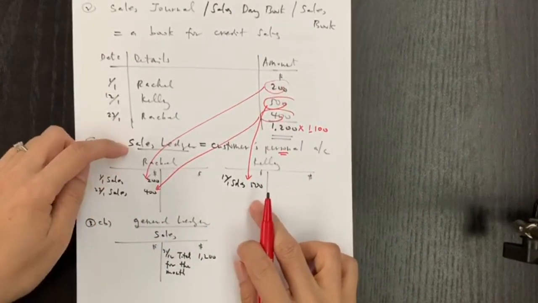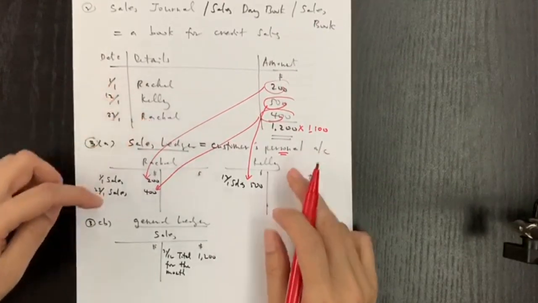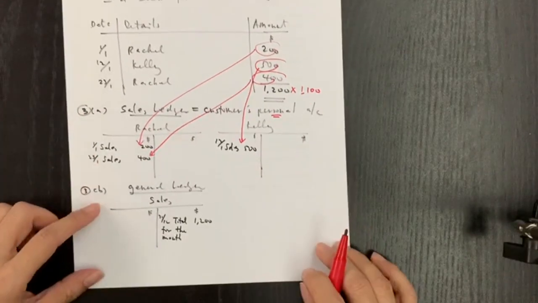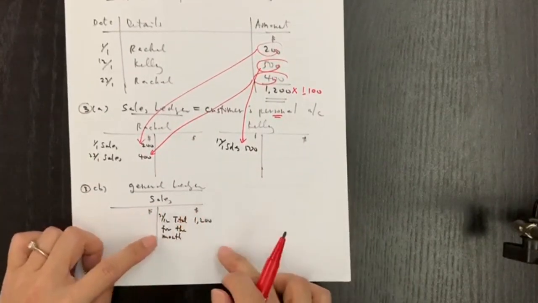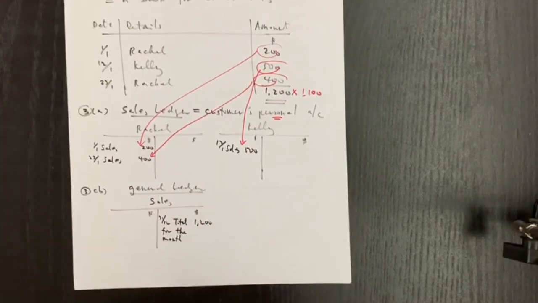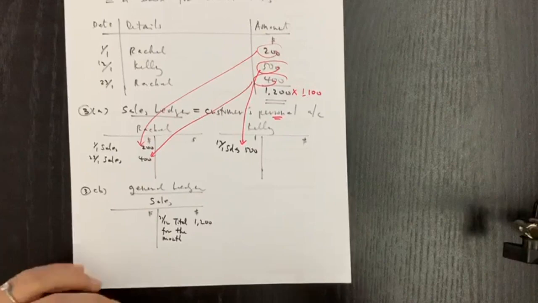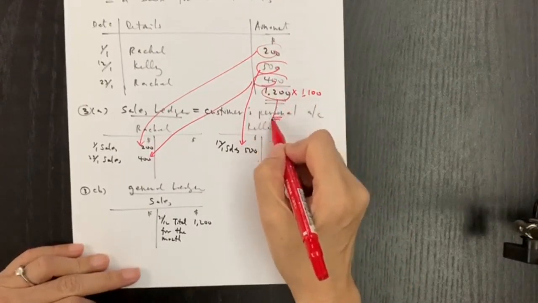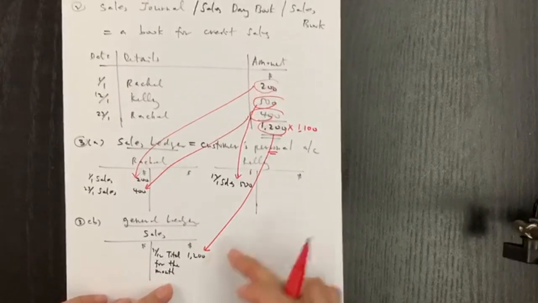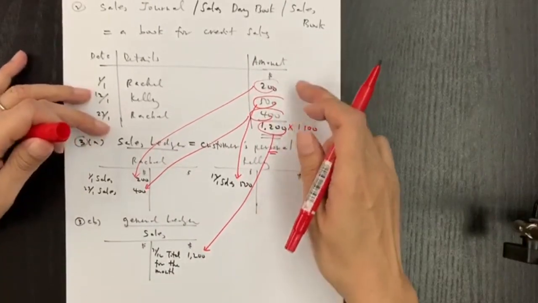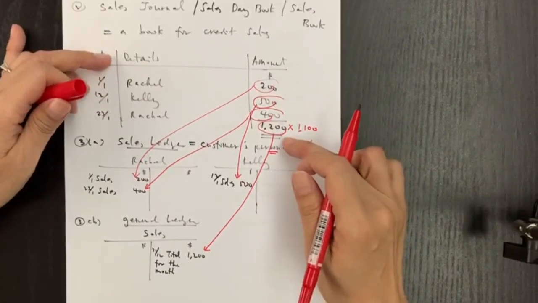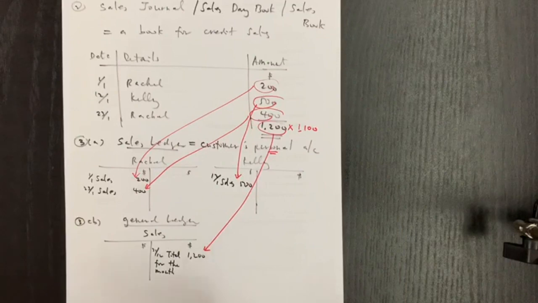So that's why we call it sales ledger, meaning personal accounts for each of them. Okay, so this is the debit side. What about the credit side? On the credit side, we draw up the sales account. Since we just draw up one account in sales account, the total is 1,200 here in the sales account. So this is the mistake. If I have over added in the sales day book, what will be the effects on sales account?